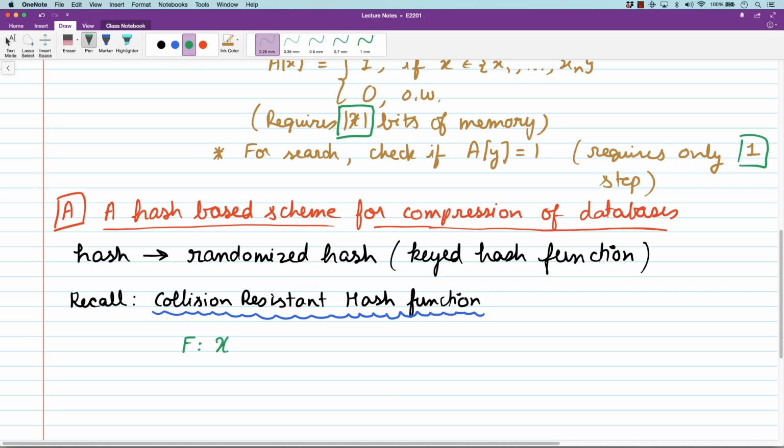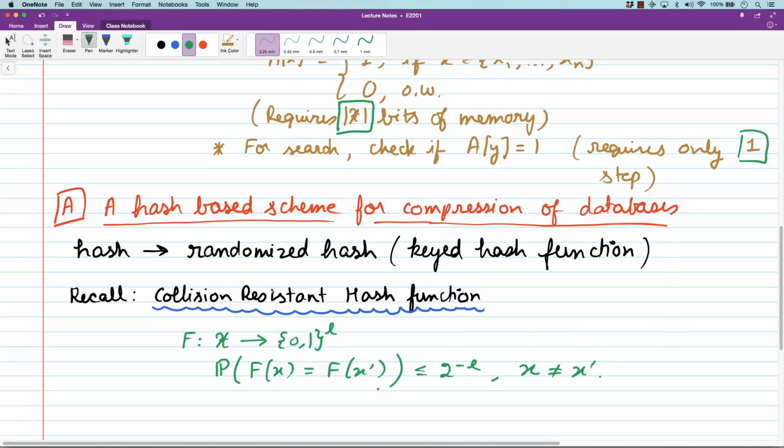It starts from this universe and maps to, let's say, L bits. Then the probability that two different inputs get mapped to the same value is less than or equal to 2 to the power minus L, if x is not equal to x prime. That was one property we were looking at.